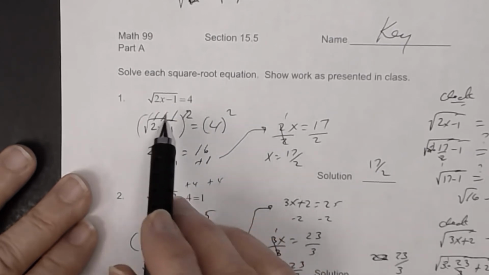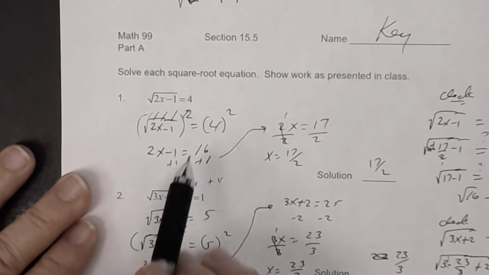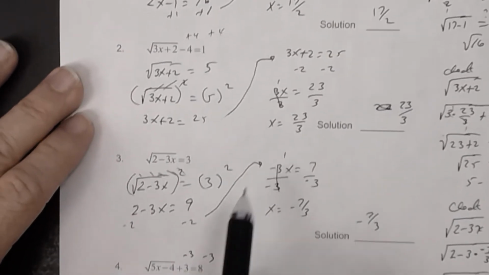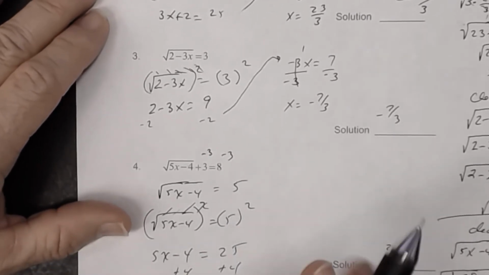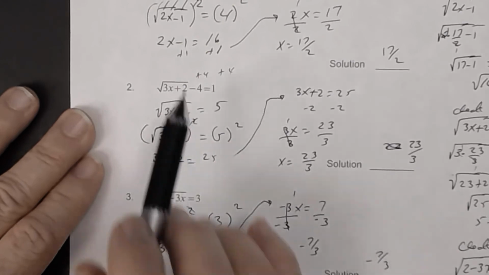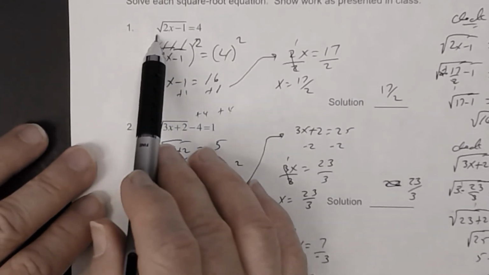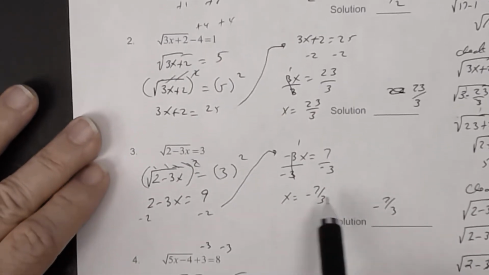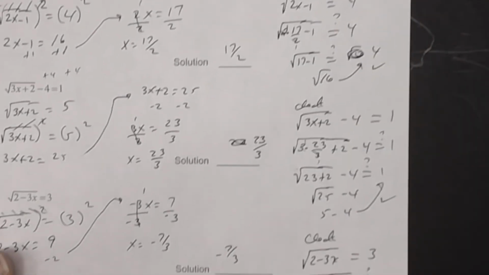You raise both sides to a power that's equal to the index. Notice that all these were square roots, so each time I squared both sides. And in these problems, only in part A, I went from a square root equation to a linear one, and I was easily able to find the solutions. And then we checked to verify those were correct.